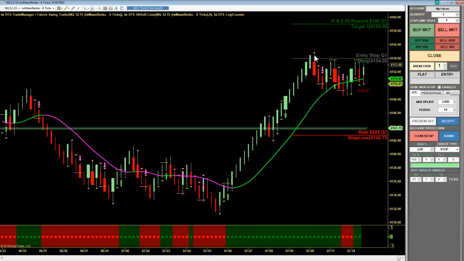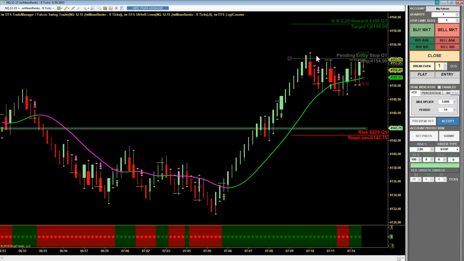This high right here is the big one though. That's the one that we need to get over. Chances are pretty good though, if I get filled at 41.54, I'll get filled at 41.54 and a quarter.